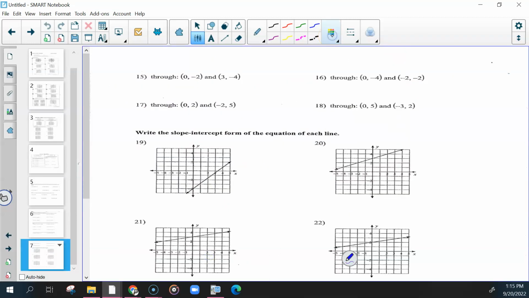Number 16. For 16, find your slope. We have negative 2 minus a negative 4 over negative 2 minus 0. What is your slope?